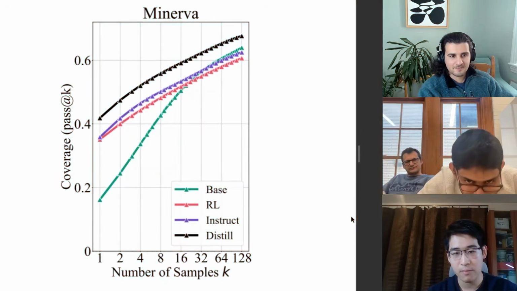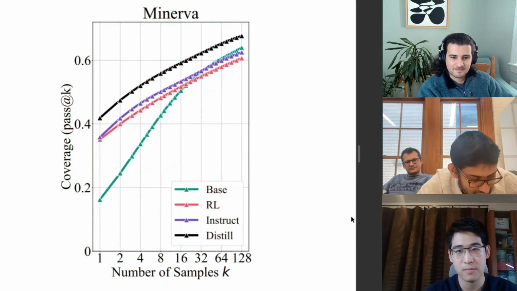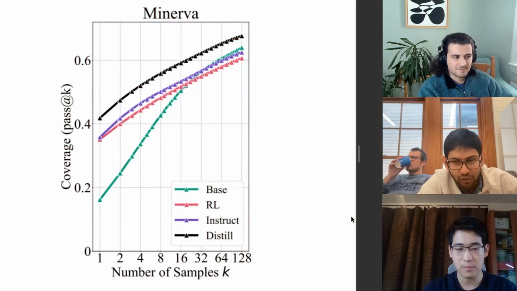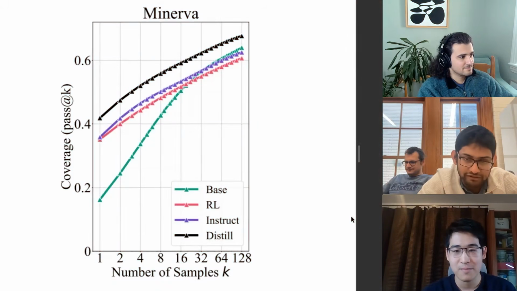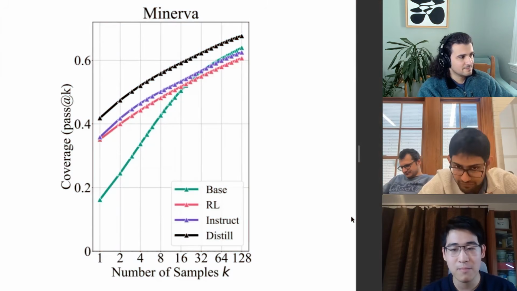We were very curious about why this is happening. Shouldn't RL just learn to be better? Why would it lose coverage in some parts? One thing that struck us is if you look at the plot, let me share my screen quickly. This is the plot from that paper that shows that the one thing that does better uniformly compared to the base model and reinforcement learning is distillation.